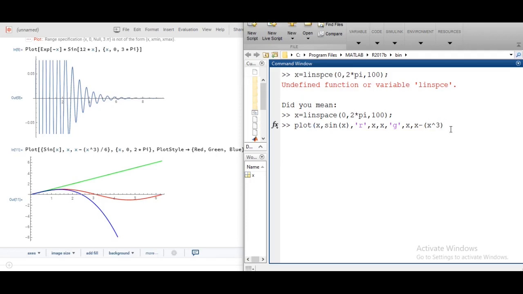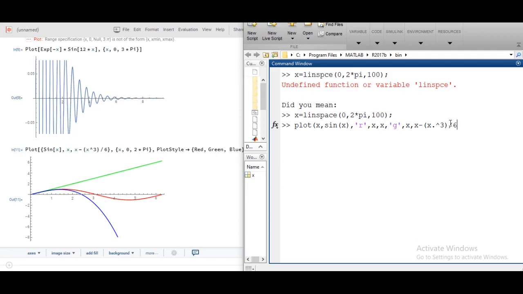We put a dot because it's a vector operation, so that's why. And x cube divided by 6.